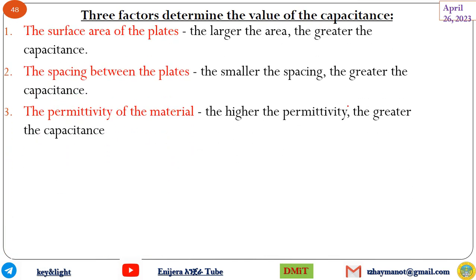So there are three factors that determine the value of the capacitance. The first one is the surface area of the plate. The larger the area, the greater the capacitance. The second is the spacing between the plates.